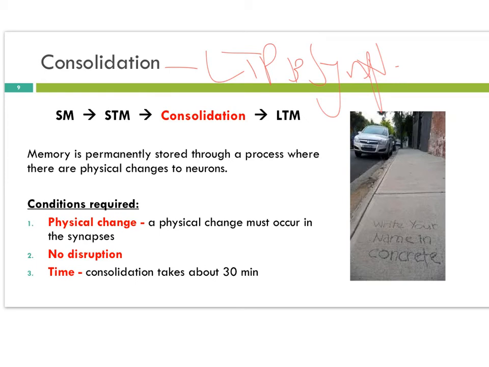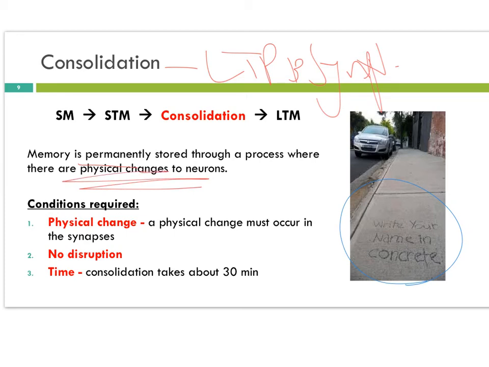Now, if we look down here, we can see there's been some kind of disruption. Now, this has changed the physical nature of that concrete forever. This is kind of similar to consolidation. So consolidation is memory being permanently stored through a process where there are physical changes to the neurons.